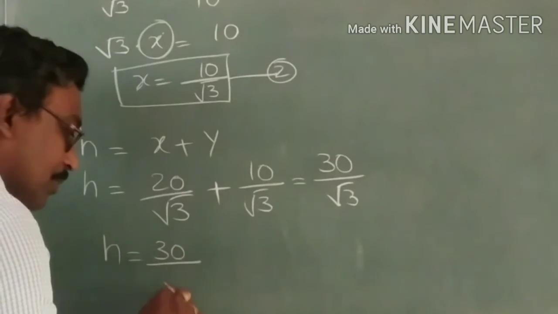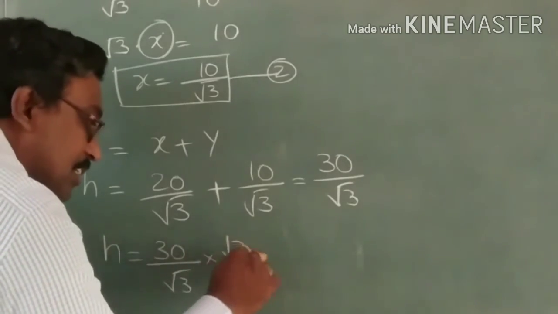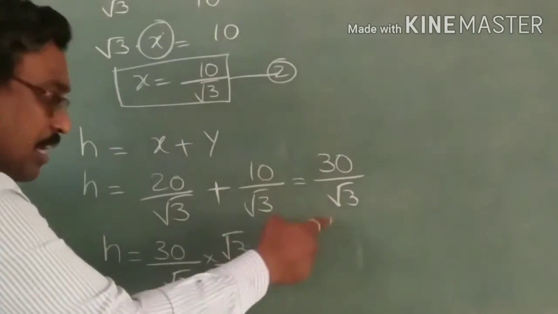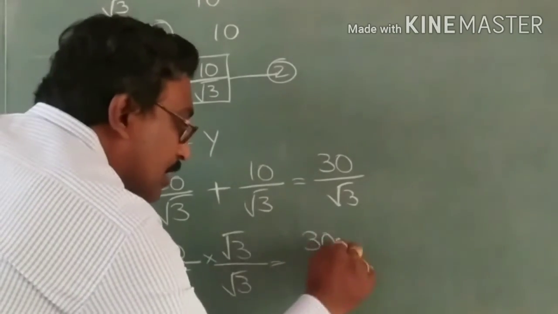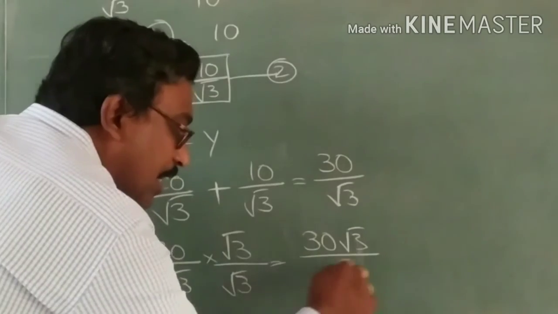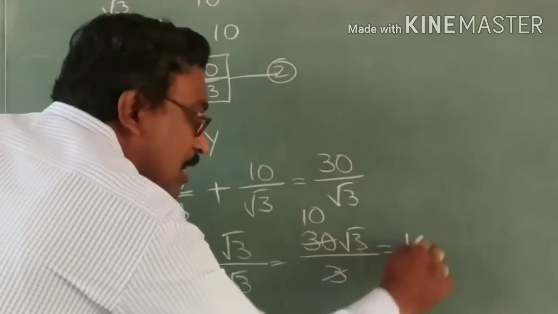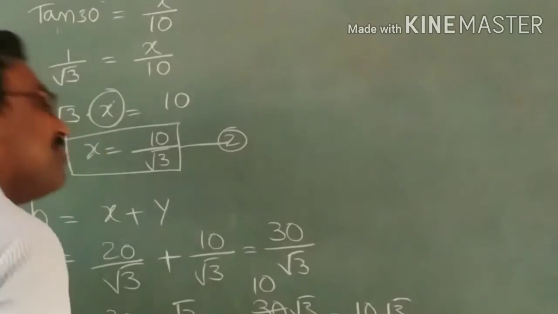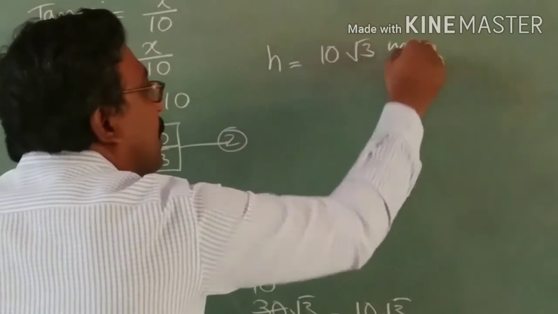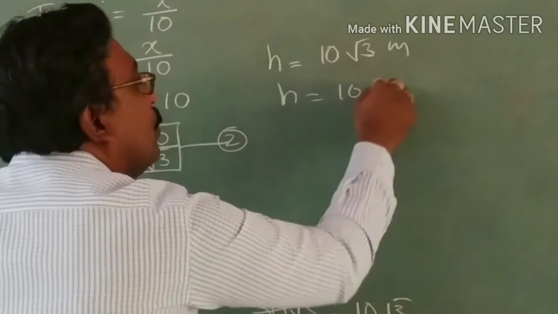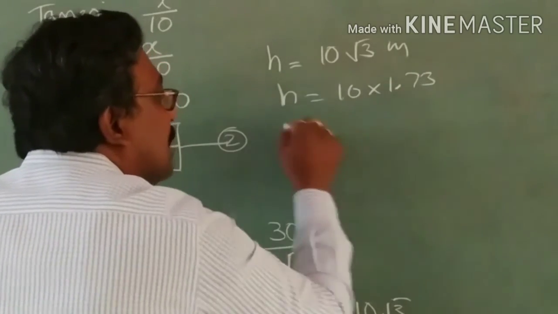Rationalizing, h is equal to 30 by root 3 into root 3 by root 3, so 30 root 3 by 3, that is 10 root 3. That means height is equal to 10 root 3 meters, or 10 into root 3 value 1.73.